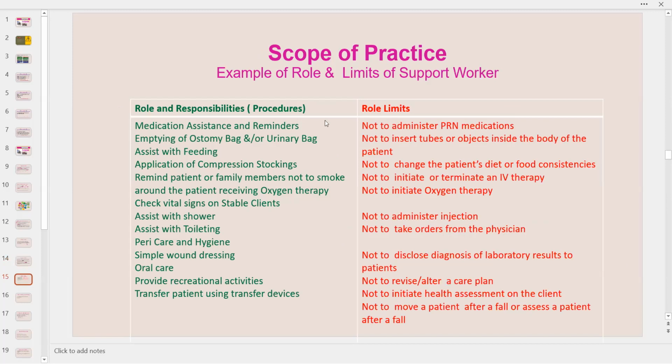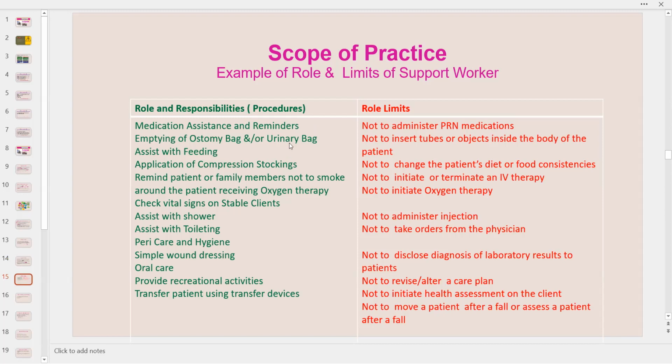Now, I have here examples of roles or the limits of a support worker. These are some roles, responsibilities and procedures that a support worker can perform. One procedure is medication assistance and reminders. The support worker can do that.